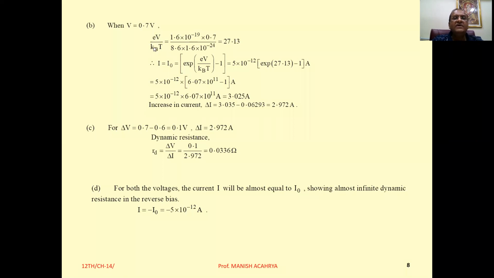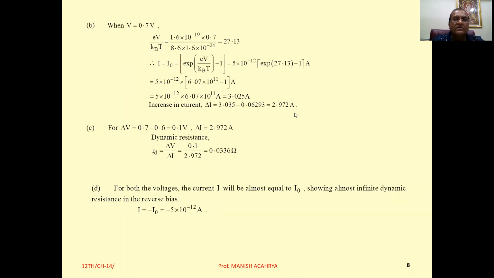Again calculate eV upon kBT, substitute these values in the equation and again calculate the current. Okay. And then we have to calculate the change in current, means increase in current. So previous current we calculated for 0.6 volt. This current we calculated for 0.7 volt. And now take the difference of these two, we will get the increase in the current.